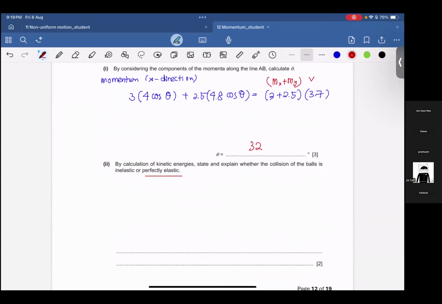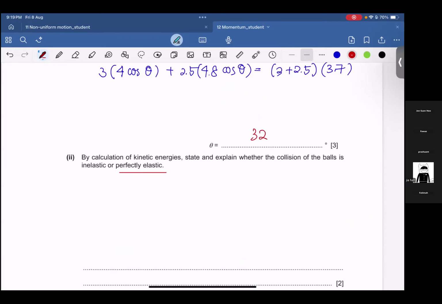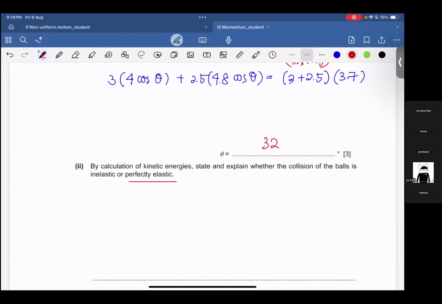Calculating the kinetic energy, no need to consider direction anymore because this is energy. So no need to consider the direction, we ignore the angle. Let's do the calculation and then tell me the answer is inelastic or perfectly elastic.